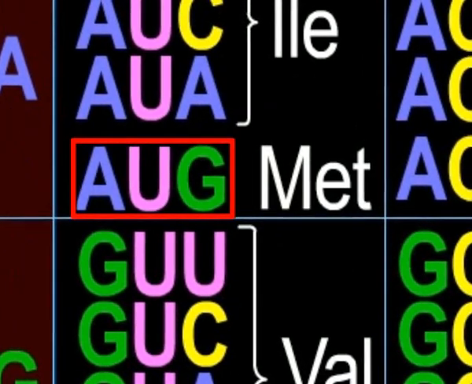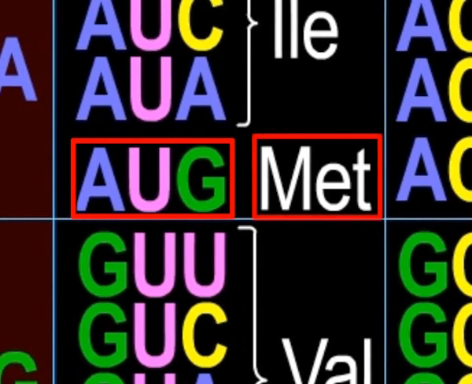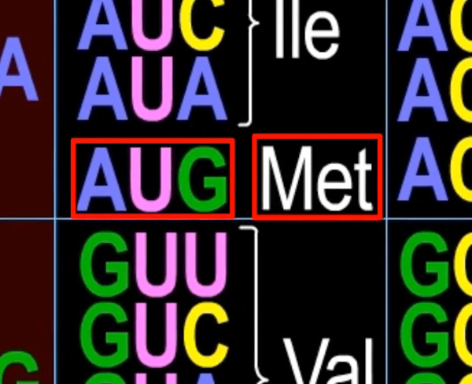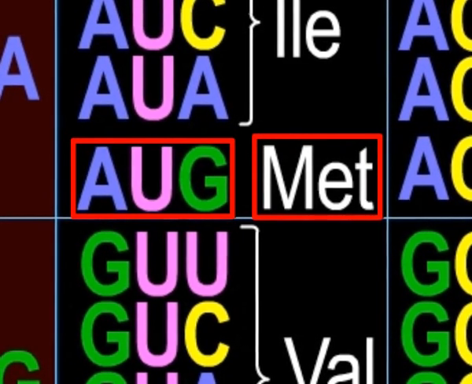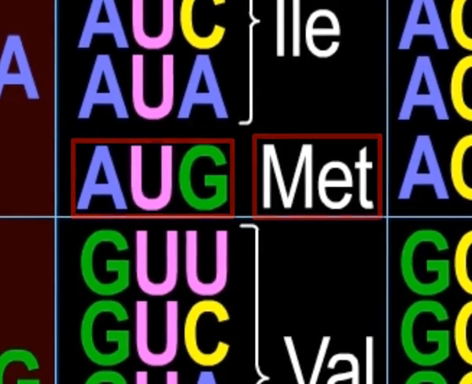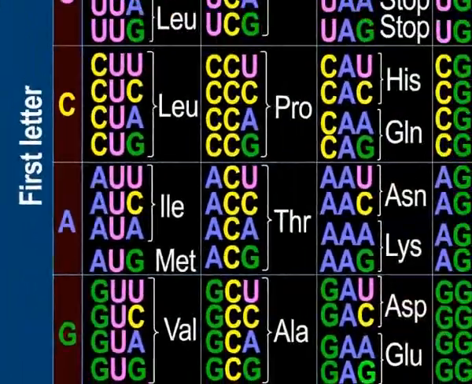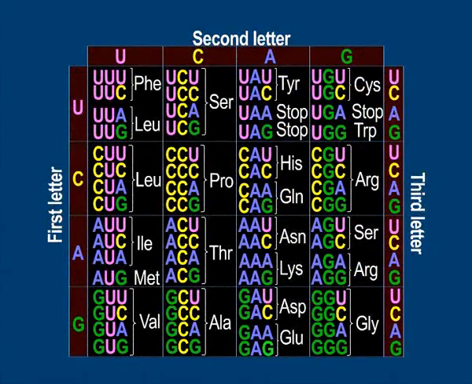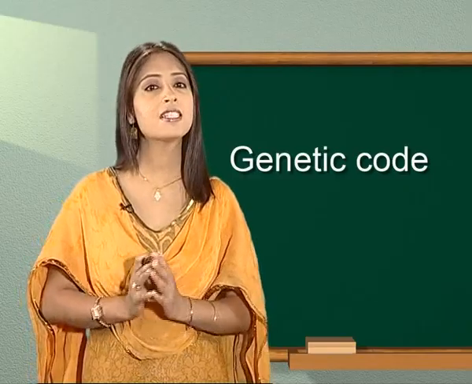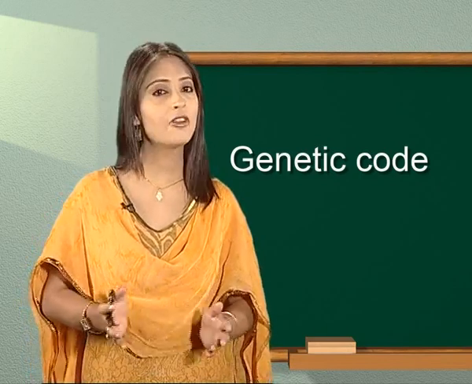It codes for methionine and it also acts as an initiator codon to start protein synthesis. Almost the same codons are assigned to the same amino acids, and there are the same stop and start codons in almost every plant, animal, and microorganism.